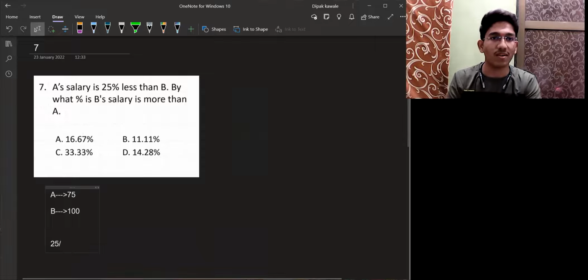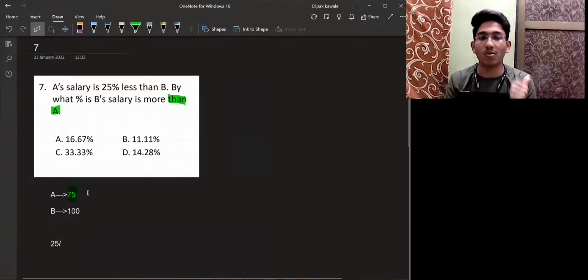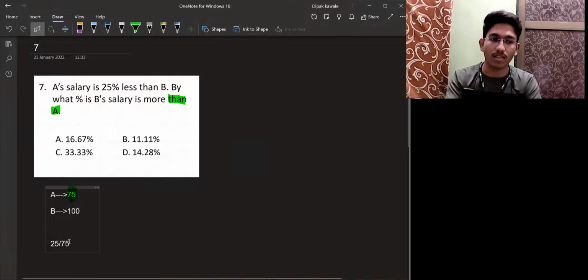Right, 75. Those who are not able to answer this question, please see this. We are saying how much it is more than A. That means we have to consider in terms of A's value. I have to see what part it is. So 25 divided by 75 is nothing but 0.333.